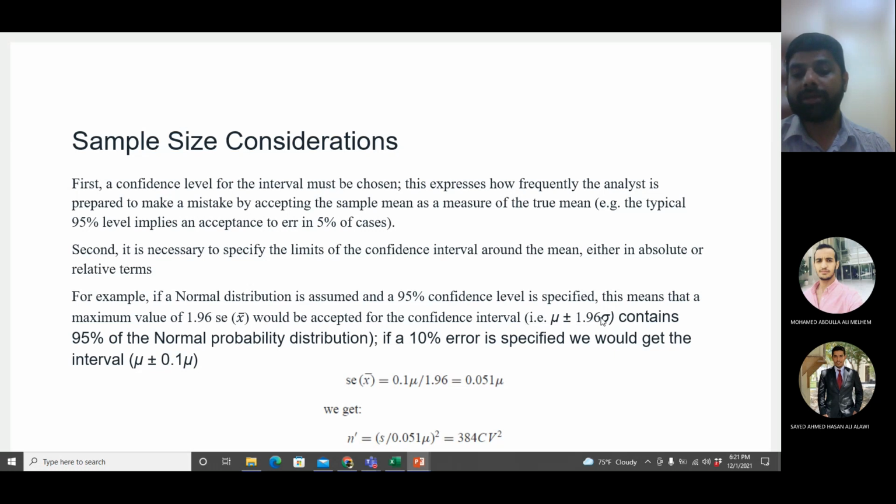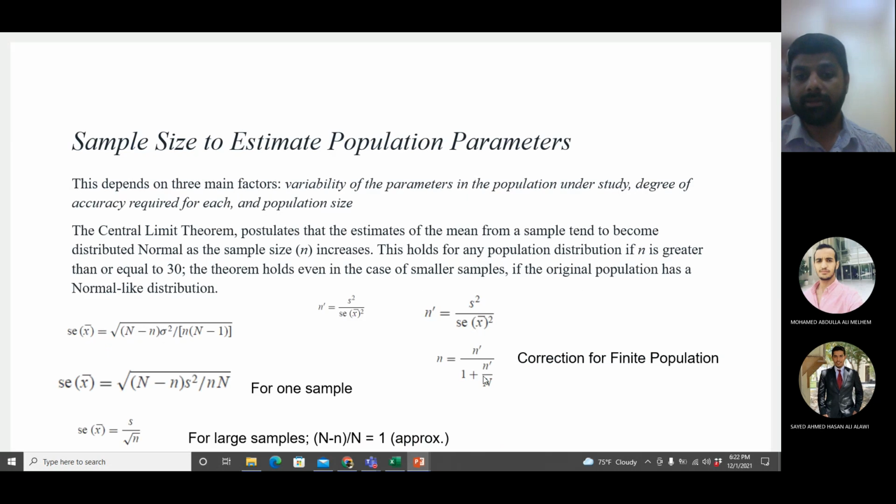Then you put it equal to the error which is allowed by the client, 10% of the mean. When you put it equal to that, you will get the value of the standard error, and then you can put it back in the equation of n dash. And like I said, if the number of samples in the entire population is known, then you can apply the correction factor as well.